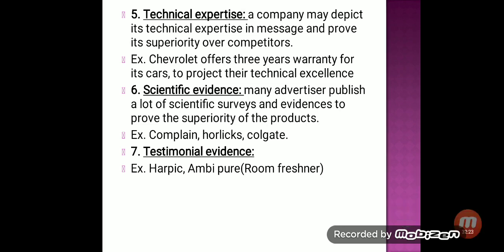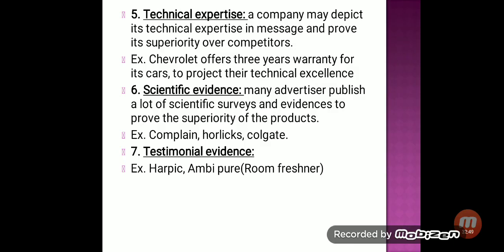Fifth one, technical expertise. A company may depict its technical expertise in message and prove its superiority over competitors. For example, Chevrolet offers 3 years warranty for its cars to project their technical excellence. So during the execution of a advertising message, you can use various technical expertise.